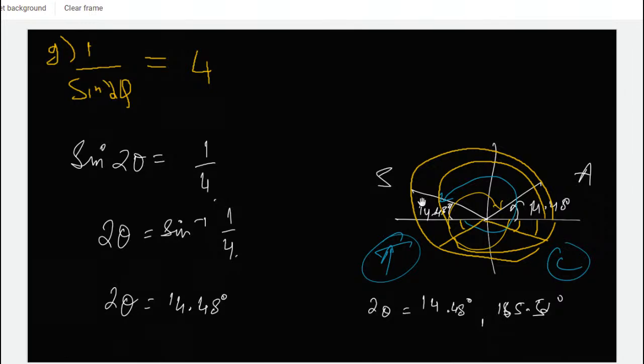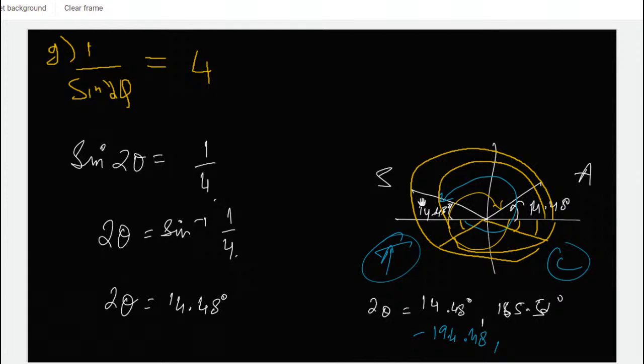We need negatives by going counterclockwise for both of these. Okay. So 180 plus 14.48 is 194.48 for 2 theta. Let's write 2 theta for now.